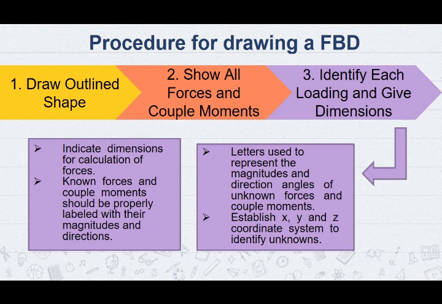Known forces and couple moments should be properly labeled with their magnitudes and directions. Letters are used to represent the magnitudes and direction angles of unknown forces and couple moments. Establish X, Y, and Z coordinate system to identify unknowns.